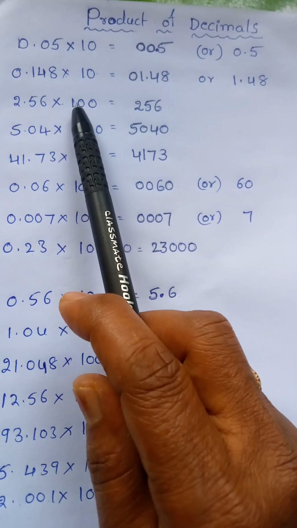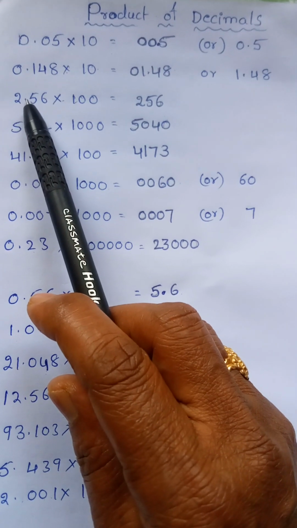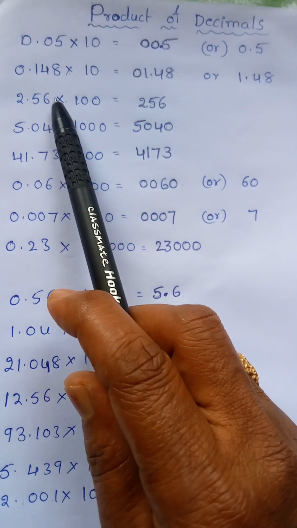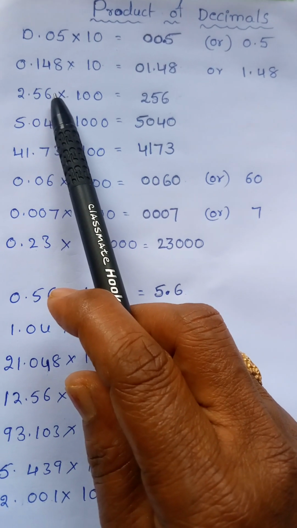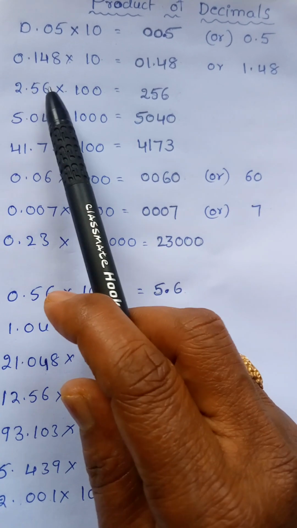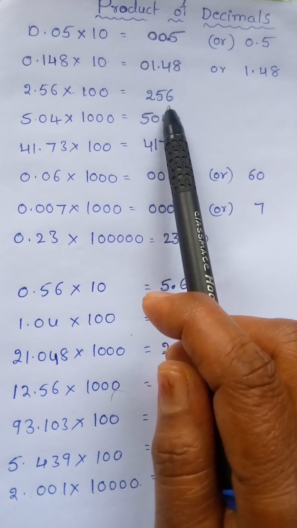Then the point moves two digits to the right side. Here 1, 2, the point comes here. Then the answer is 256.